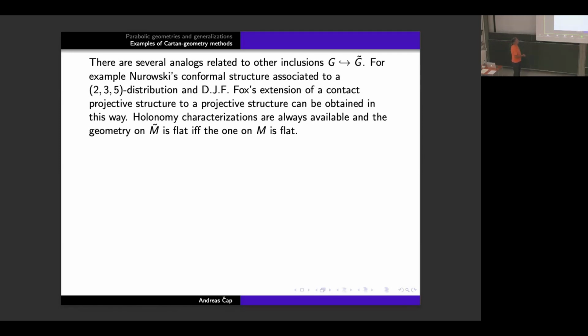And similarly, there is an extension of a contact projective structure to a projective structure due to Daniel Fox. And in all these cases, you not only have the construction at hand, but you also get characterizations of the special structures that you obtain in this way. Again, these 2-3-5 distributions give rise to a class of special conformal structures in dimension 5.